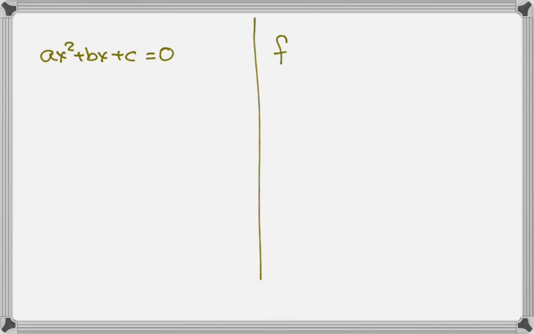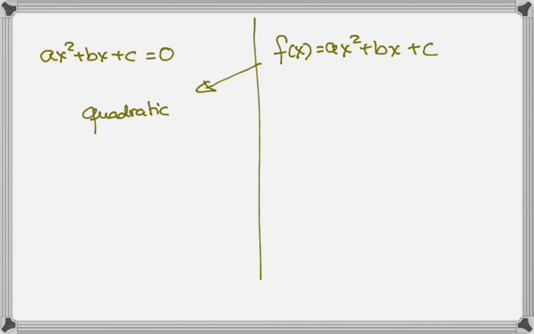Now, if I write f of x equals ax squared plus bx plus c, that's called a quadratic function because it's now f of x. Function notation. Quadratic function or quadratic equation.